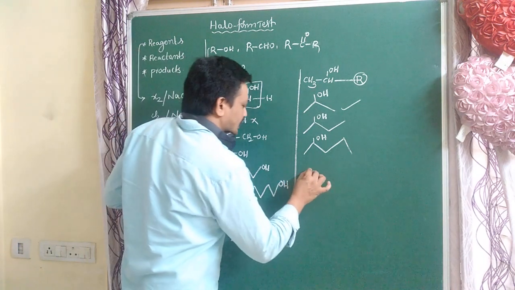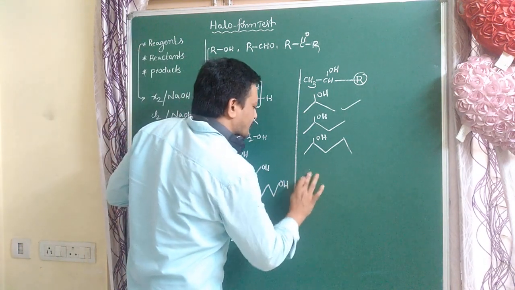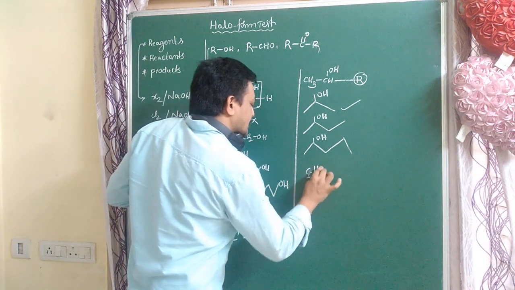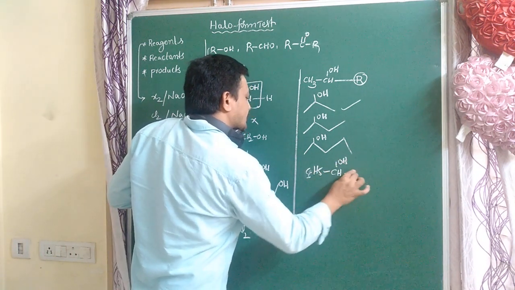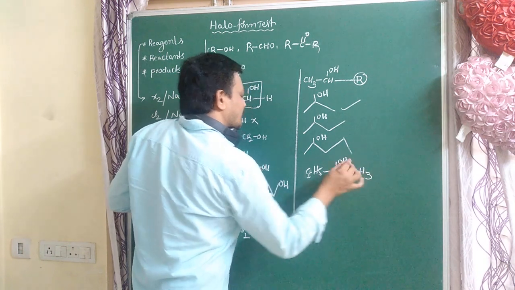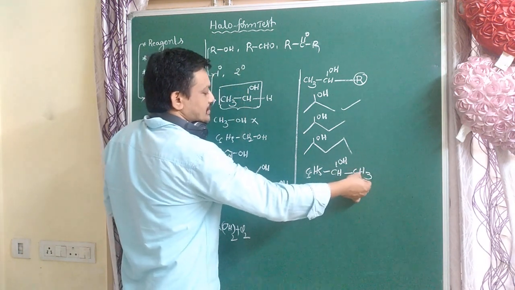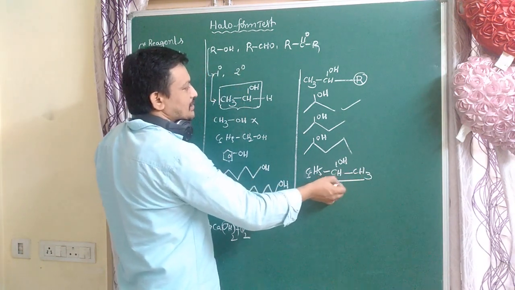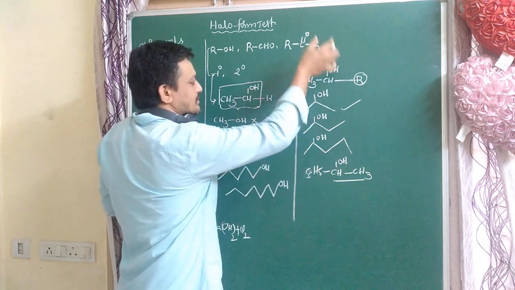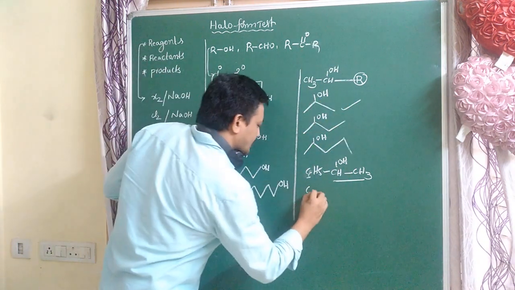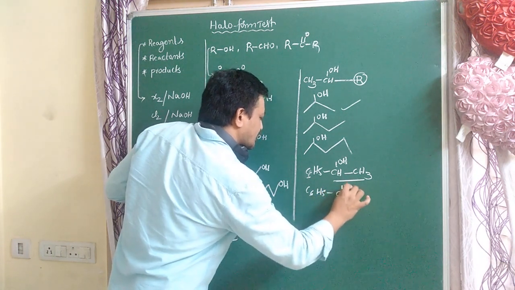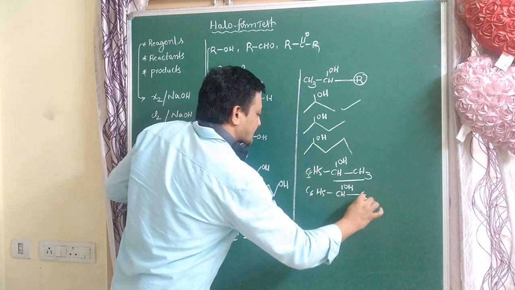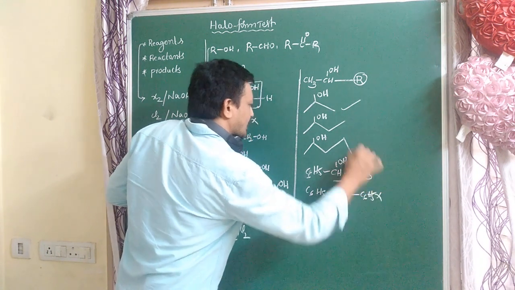Next, C6H5CH(OH)CH3 is also involved in the haloform test. Why? Because this is a secondary alcohol and also has the CH3CHOH group. And next, C6H5CHOHC6H5 is not involved in the haloform test.